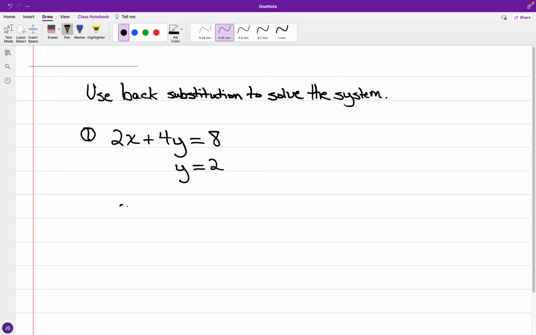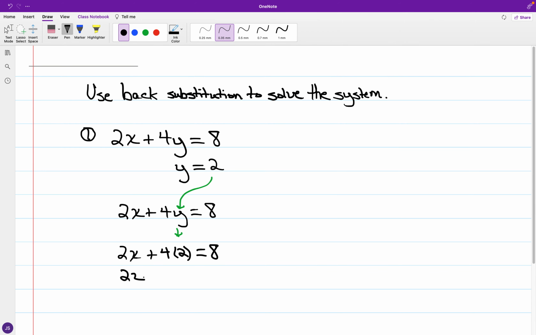So for this system, we have 2x plus 4y is equal to 8, and we already had that y is equal to 2. Here we have 2x plus 4 times 2 is equal to 8, so 2x plus 8 is equal to 8.